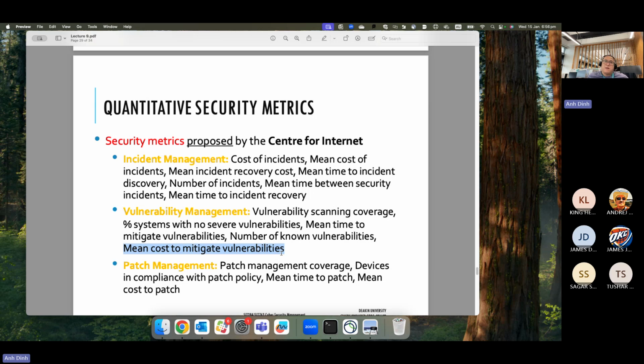But if they have some outliers, for example, a really important vulnerability that takes millions of dollars to fix. But because you take this statistic, the mean, that's a statistic. By having a lot of other vulnerabilities which cost you 1 cent to fix, then over time, if you collect a lot of those vulnerabilities, this number would not be very meaningful. So sometimes the mean cost may not be the meaningful metric to consider here, right?